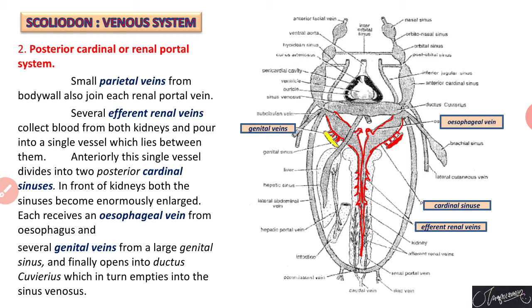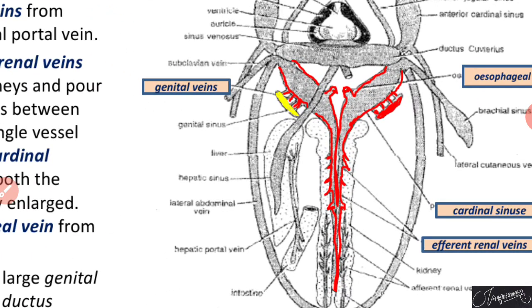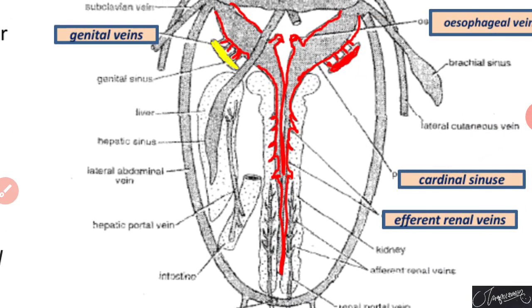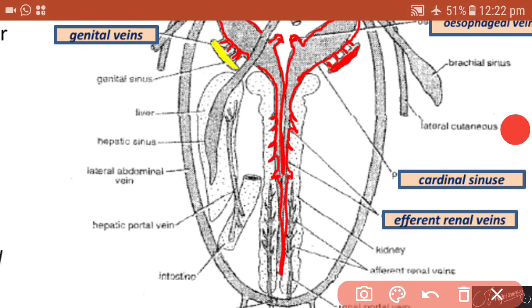We can find some other branches in the system. When the afferent renal veins go into the kidney region and divide into many capillaries, at the same time there are related blood vessels called efferent renal veins.